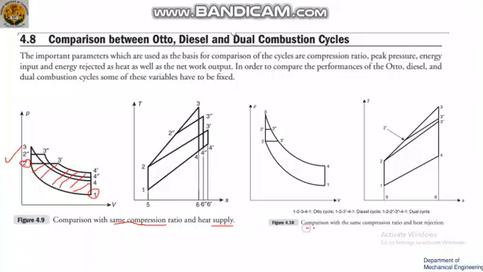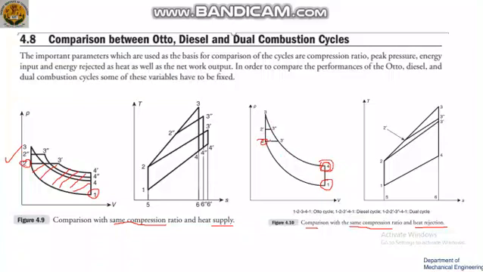And coming to the right side, which is figure 4.10, here we are keeping the same compression ratio and heat rejected. We are keeping the same compression ratio 1 to 2 and heat rejected at the same point.